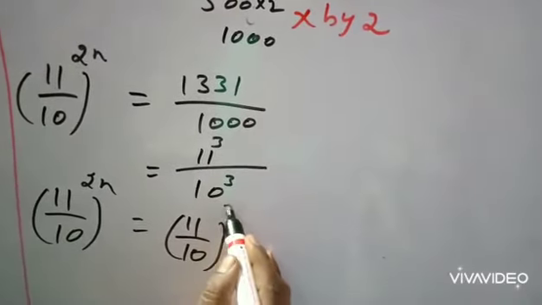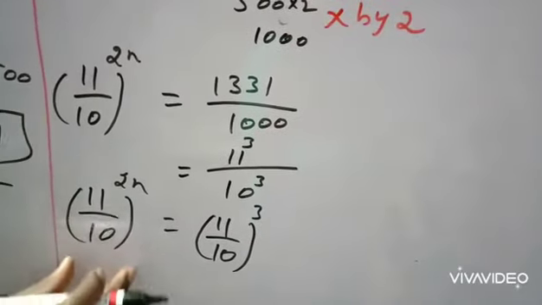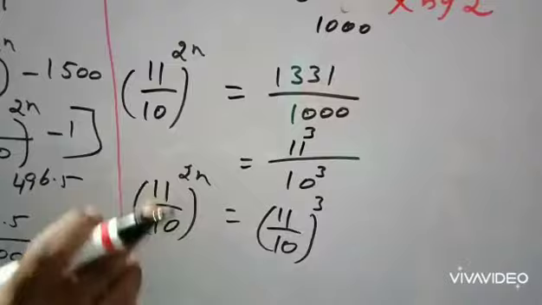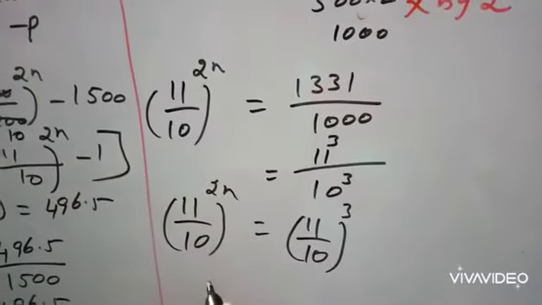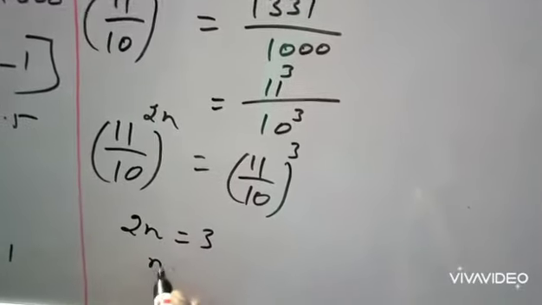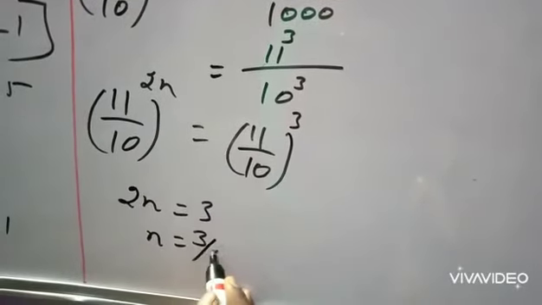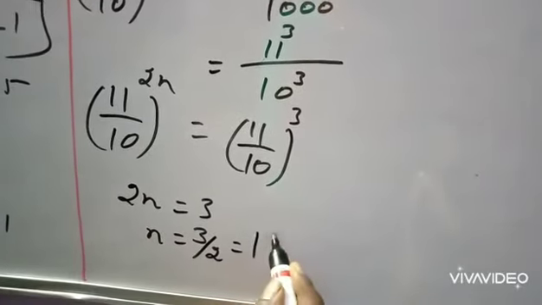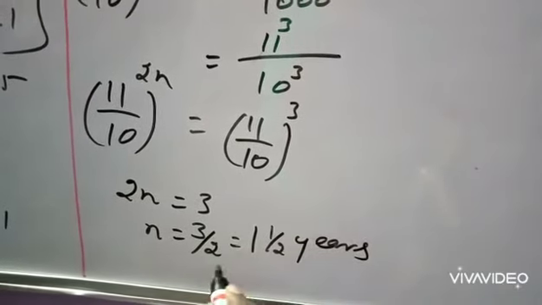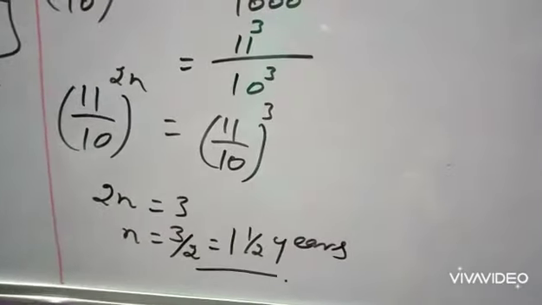Now these bases are same, so we can take only the exponent part. So 2n equal to 3, so n equal to 3 by 2 equal to 1.5 years. So this is the answer.